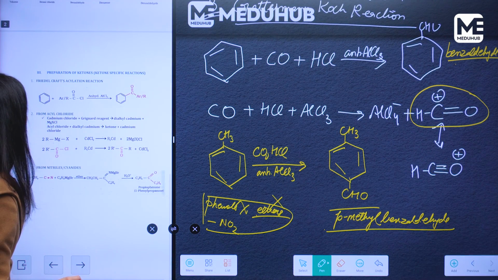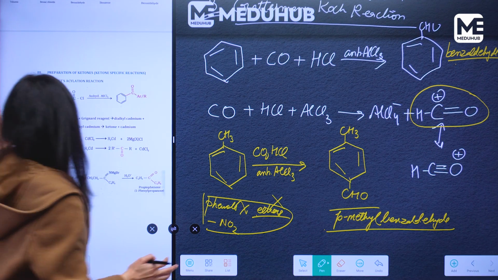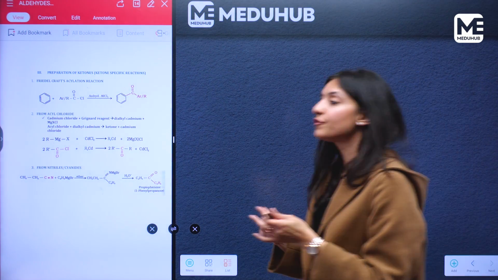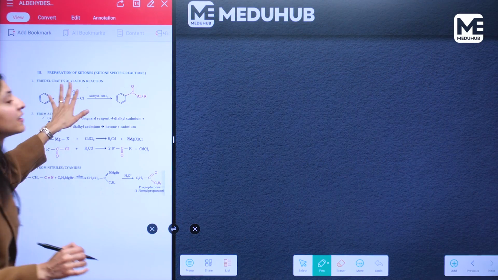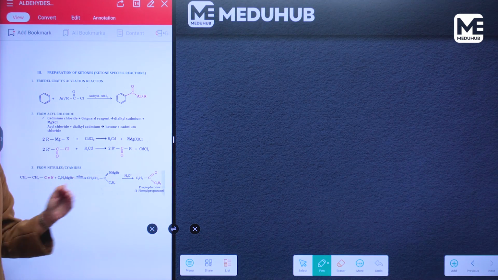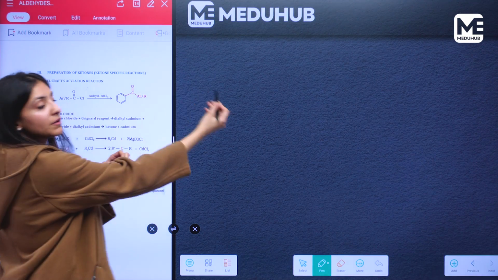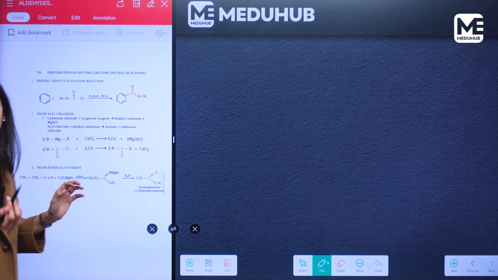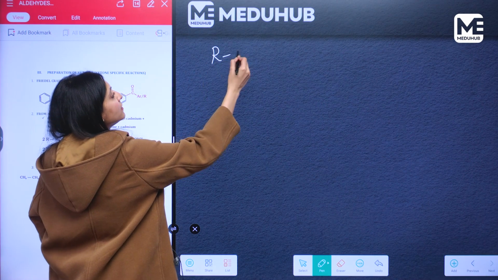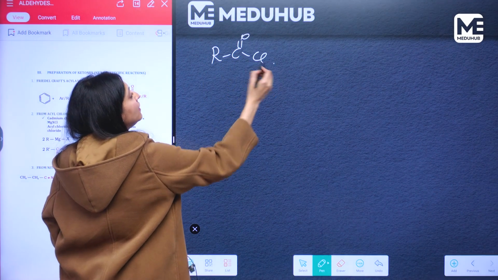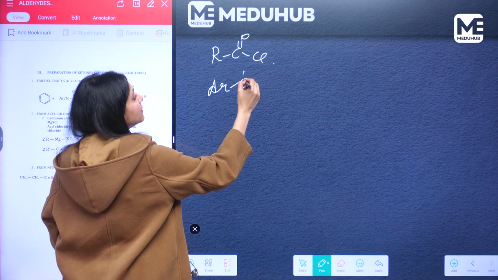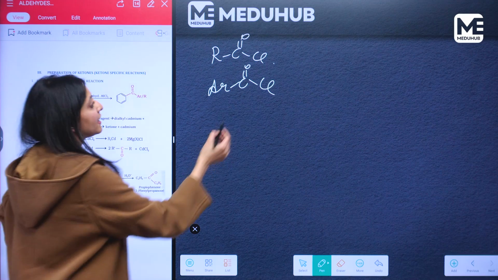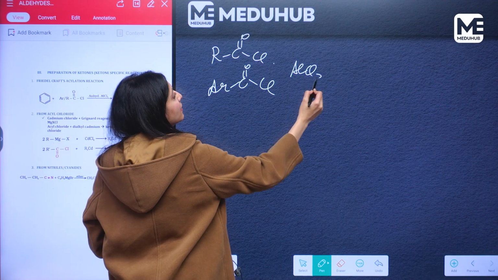Now the methods of preparation for ketones, there are three methods which are used only for the preparation of ketones. One is the Friedel-Crafts acylation reaction, which we have done multiple times, so I will not repeat it here. In Friedel-Crafts acylation reaction, we have an acid chloride like RCOCl or ArCOCl in the presence of a Lewis acid like AlCl3.